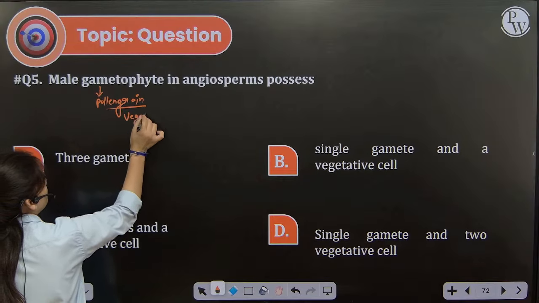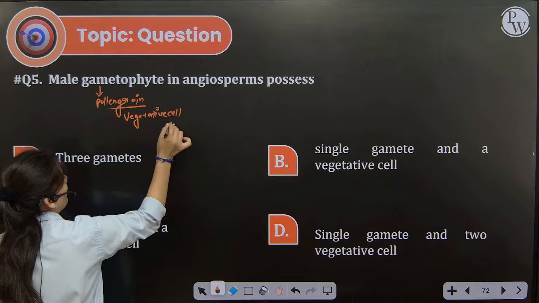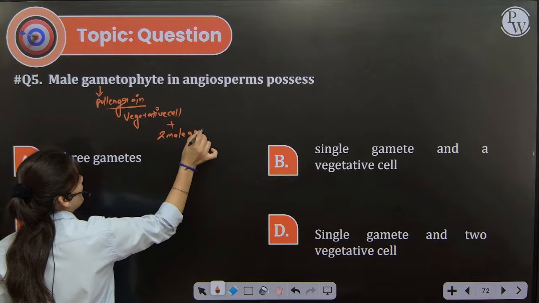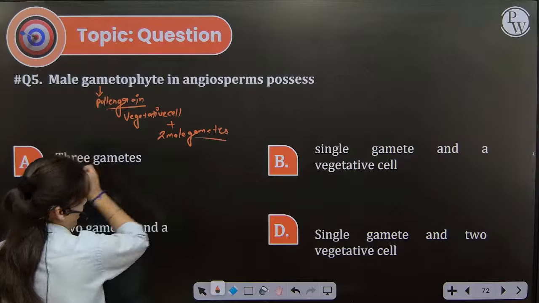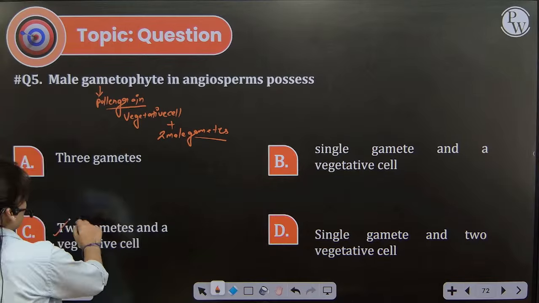Vegetative cell plus two male gametes. So out of these, which one is correct? Two gametes and vegetative cell. Option C.